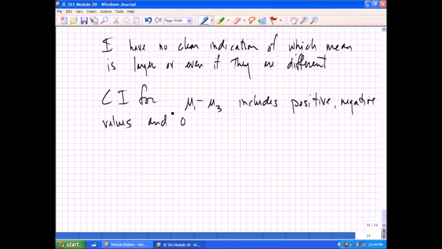And so I don't really know which one of those two. I don't have enough data to see clearly which of those two mean current requirements is the larger one.